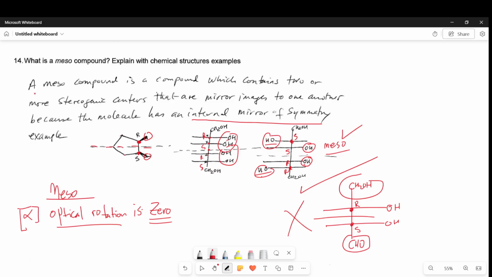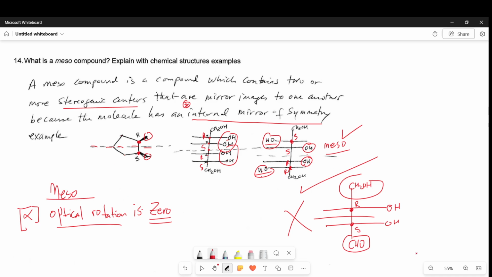So let's recap again. A meso compound is a compound which contains 2 or more stereogenic centers, chiral centers, that are mirror images to one another because the molecule has an internal mirror of symmetry. Okay, that is the definition for a meso compound.